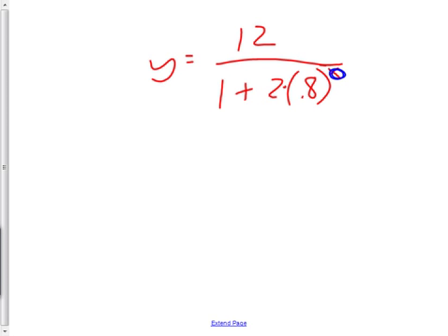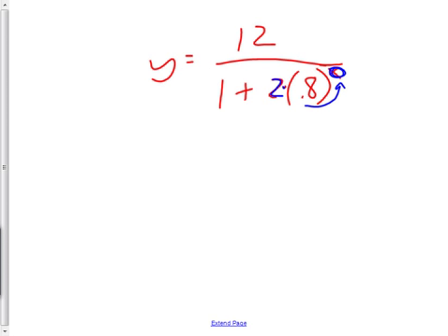Put a 0 right there, figure it out. You go, okay, 0.8 to the 0. You got a calculator, but that's 1. 1 times 2 is 2. And then 2 plus 1 is 3. And that's 12 divided by all of that. 12 divided by 3 would be what? 4. So the y-intercept is really easy. You just stick in x is 0.